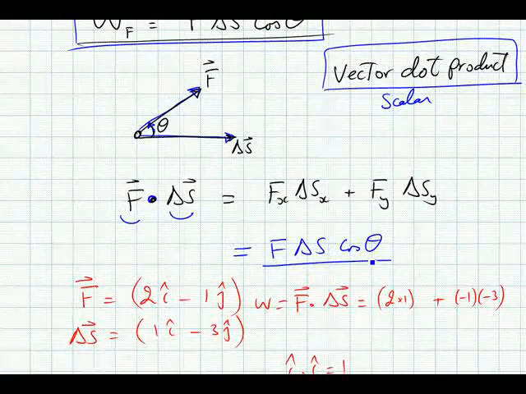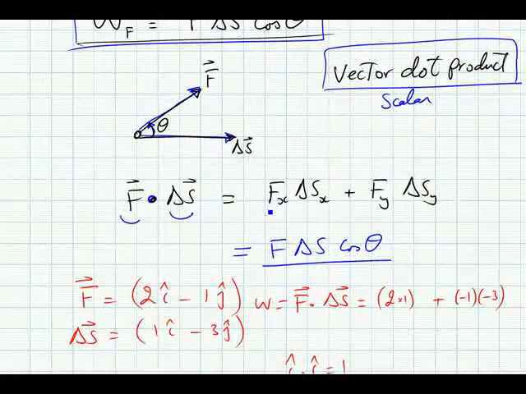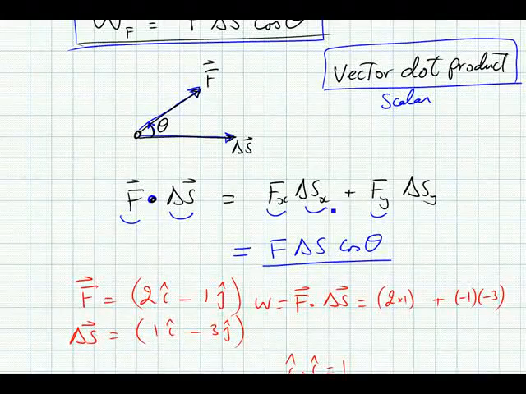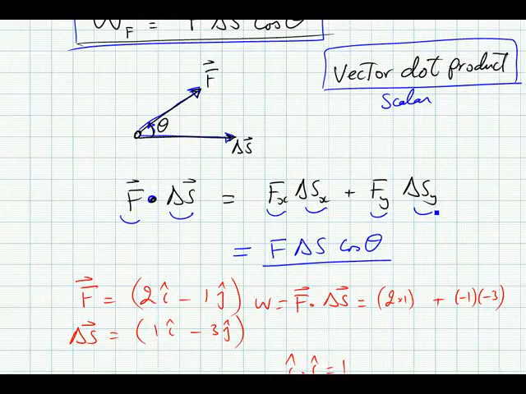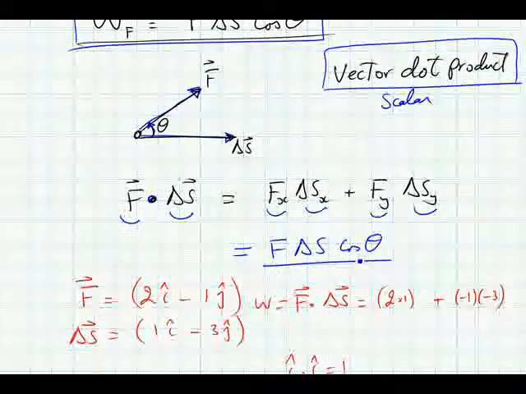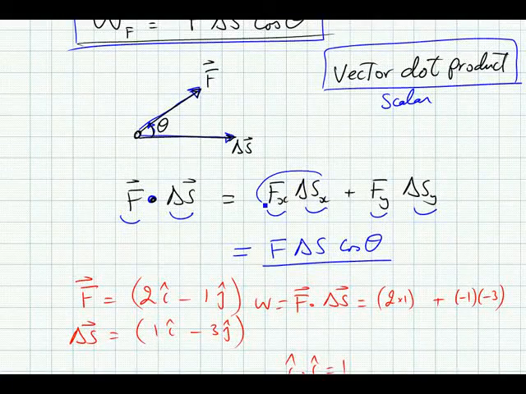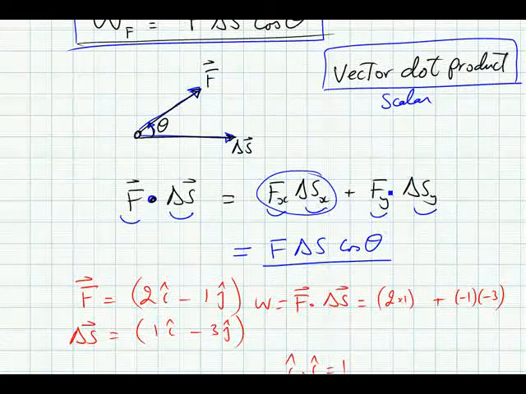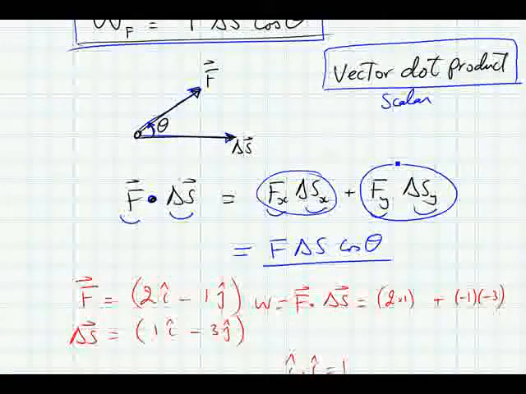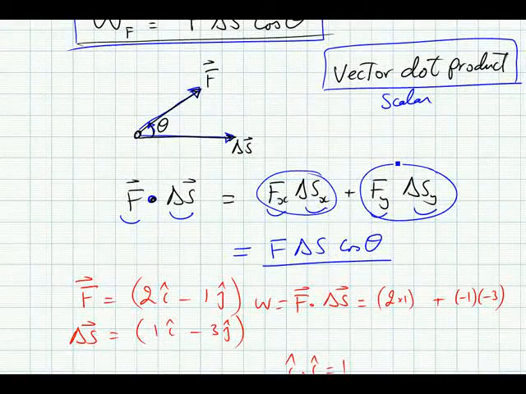If you know the x and the y components for each of your vectors, then F delta S cosine theta is equivalent to Fx times delta Sx plus Fy times delta Sy.